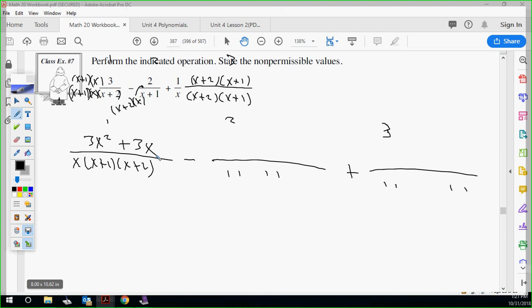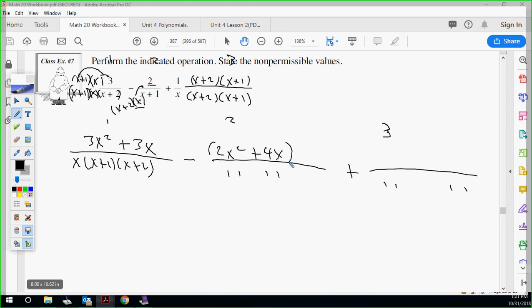Then the second piece, the middle one, is 2 times x for 2x, and 2x times x for 2x squared, 2x times 2 for 4x. Remember, it's minusing that group, so make sure it's minusing the whole thing there.